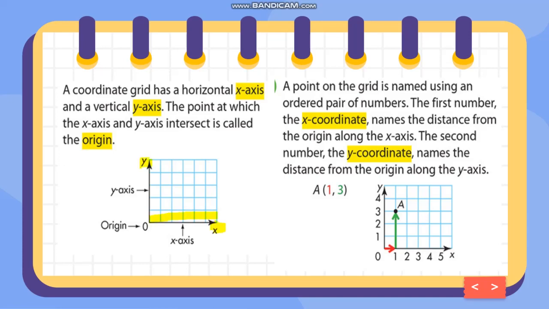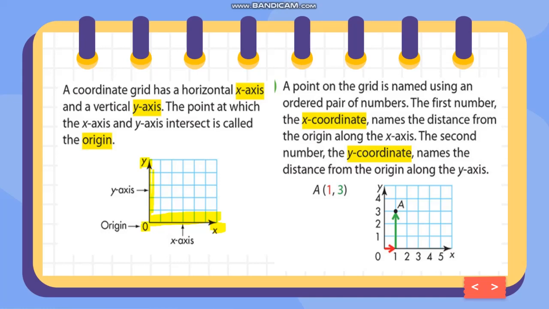This is the horizontal, and this is what we call the vertical. The point at which the x-axis and the y-axis intersect is what we call the origin. As you can see here, this is the intersection, the point of origin, and it starts with 0.